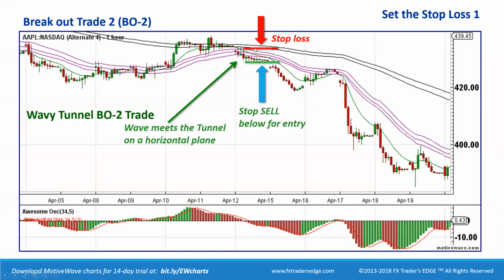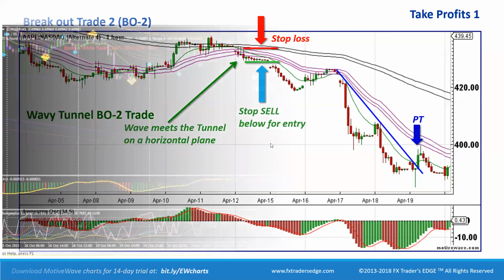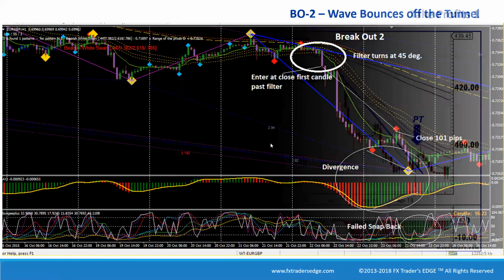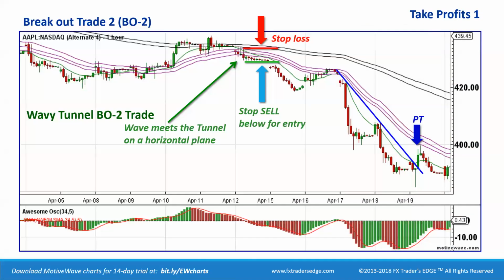Your position size will be a little bit bigger because your stop loss is smaller. And then taking profit, you draw your trend line, and then price goes above through the trend line break and the filter. This is just one way to take profits.